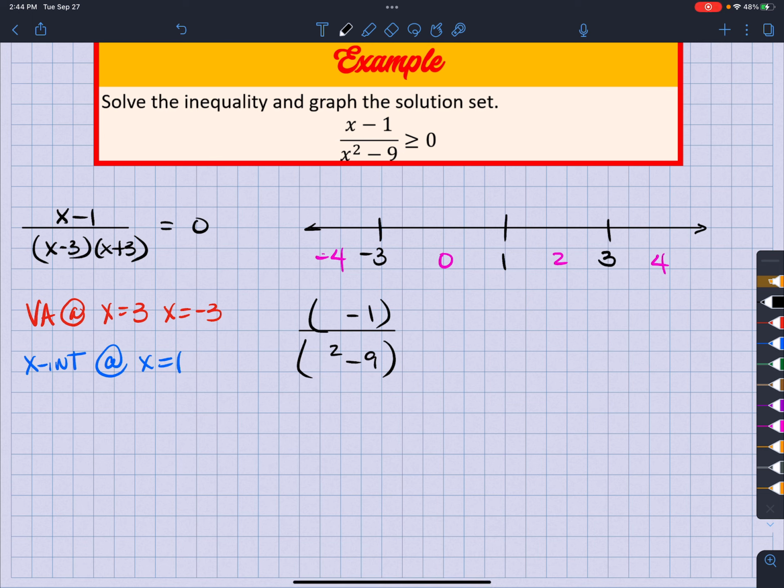Actually, let's do it this way. Okay, so now I can just take this, duplicate it.